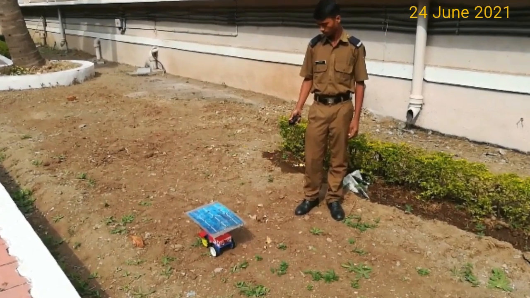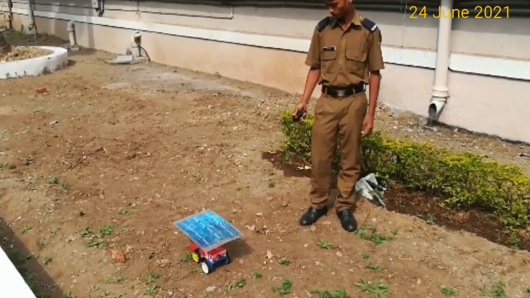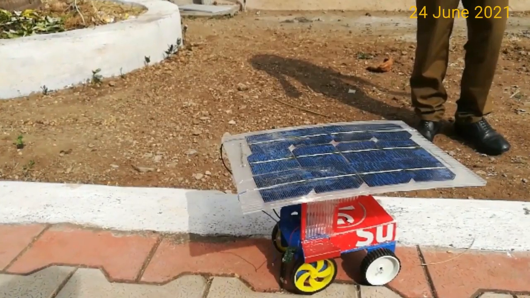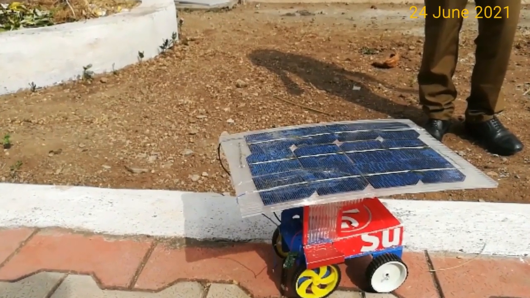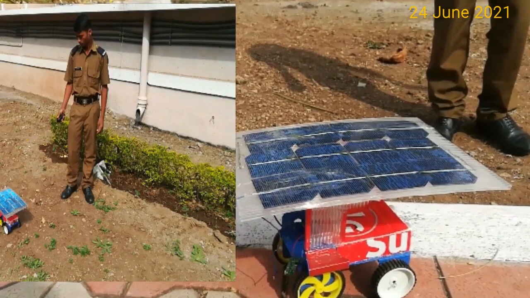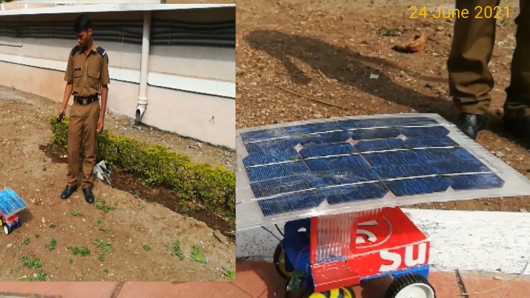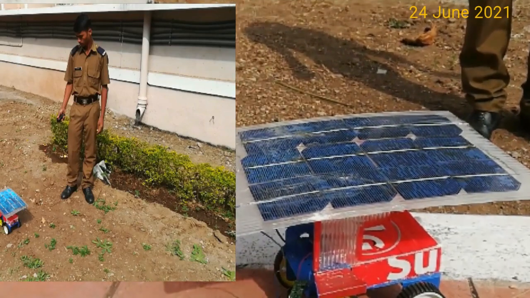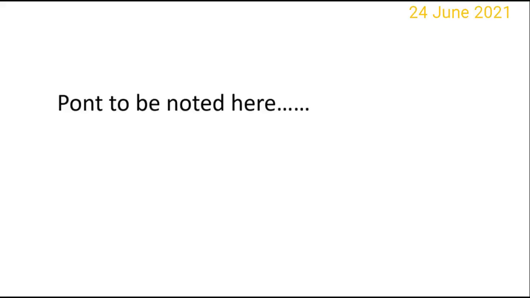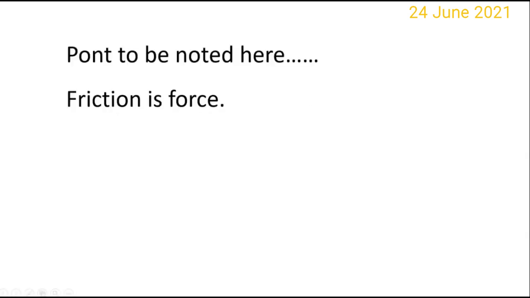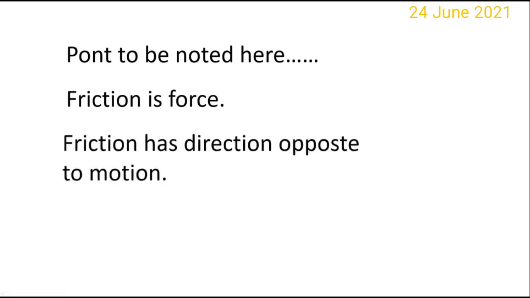Can you tell me now where the friction is more? Is it on the mud surface or on the cemented one? Cemented one will have less friction. We need to remember here that friction is a force, and friction has direction, but the direction of the friction force is opposite to the motion.